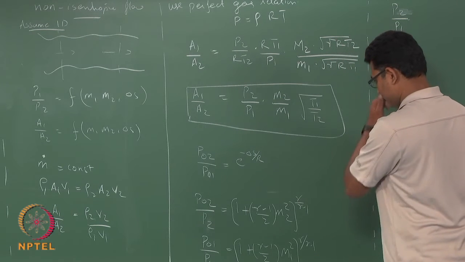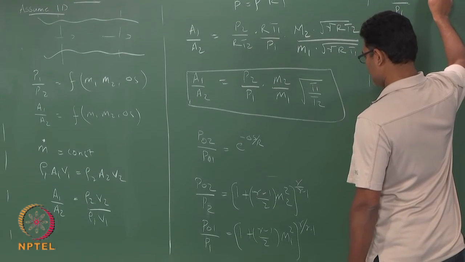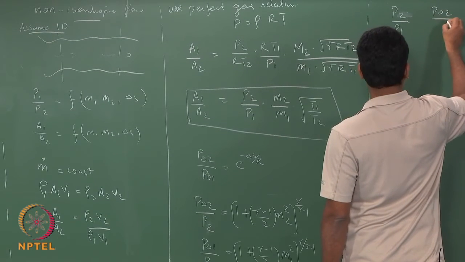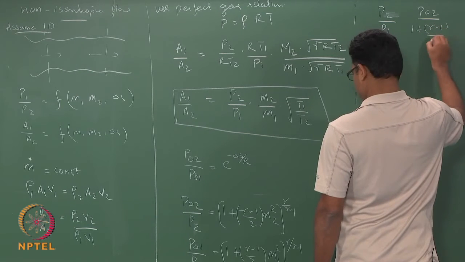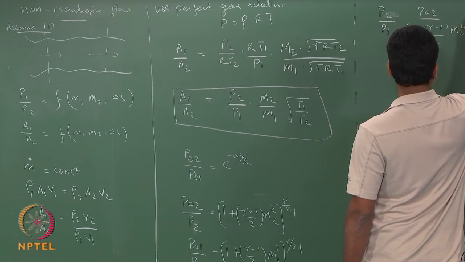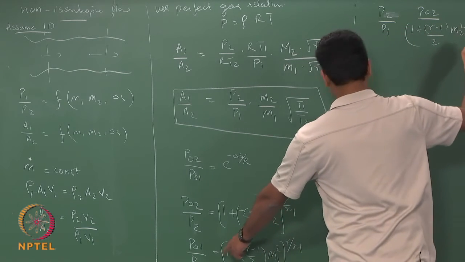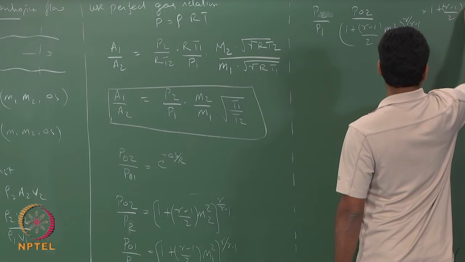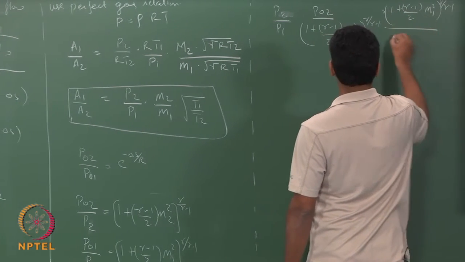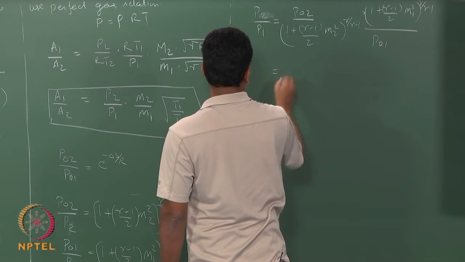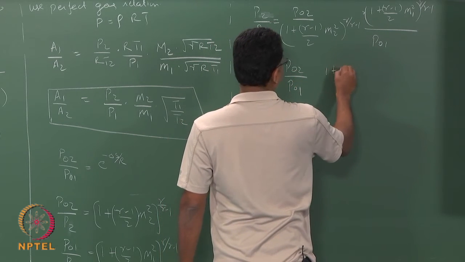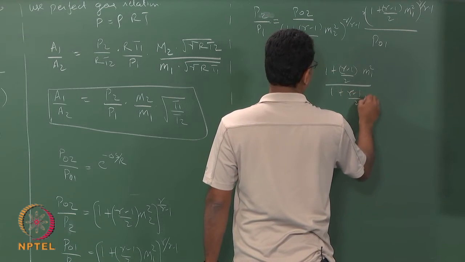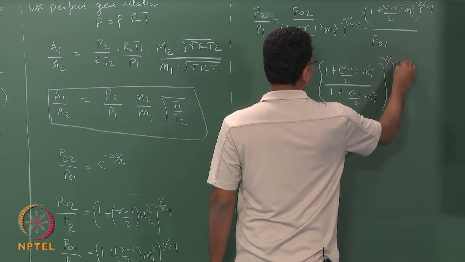So, P2 by P1 is P02 by 1 plus gamma minus 1 by 2 M2 square to the power gamma by gamma minus 1, into P1, which is 1 plus gamma minus 1 by 2 M1 square to the power gamma by gamma minus 1 divided by P01, which I replace as P02 by P01 into 1 plus gamma minus 1 by 2 M1 square divided by 1 plus gamma minus 1 by 2 M2 square to the power gamma by gamma minus 1.